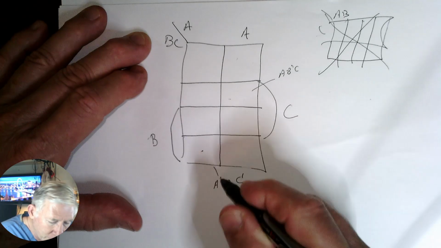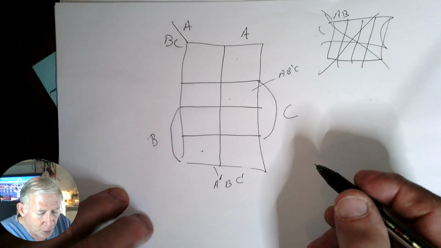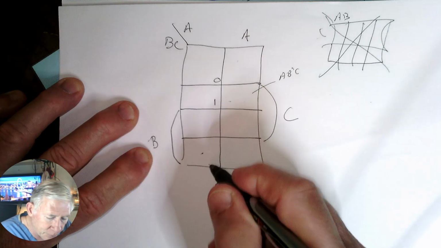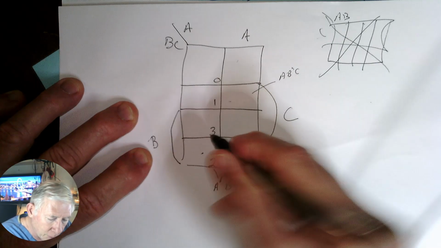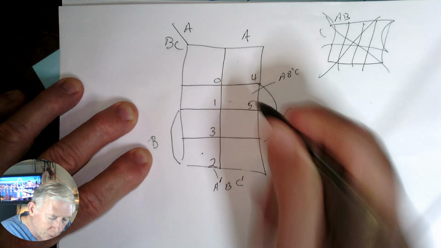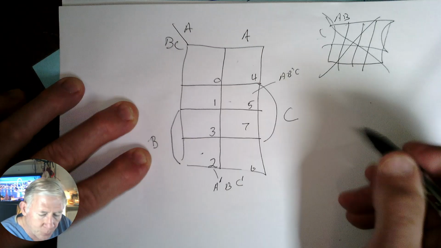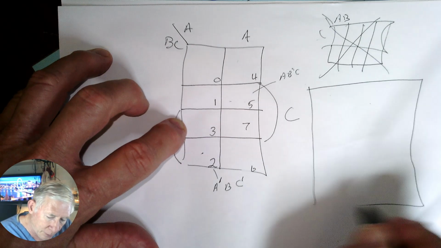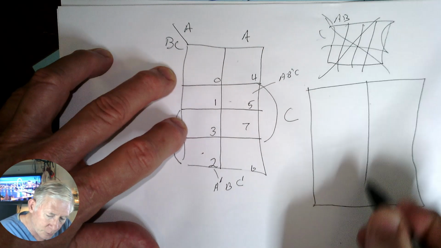So A prime, B prime, C prime. All right, we number these 0, 1, and then we have to flip 2, 3, 4, 5, 6, 7. And if we do a 4 variable map, so we have 4 columns and 4 rows.